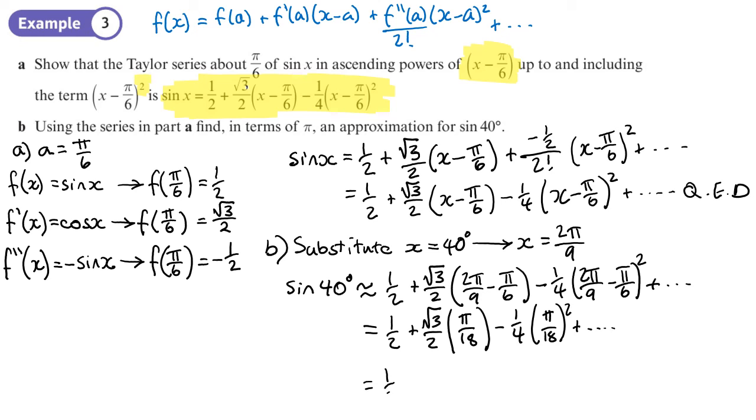We get a half plus pi root 3 over 36 minus, now 18 squared is 324, and that gets times by 4, so 1296, so minus pi squared over 1296.